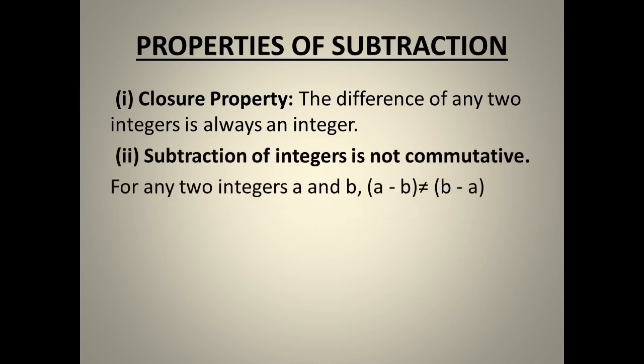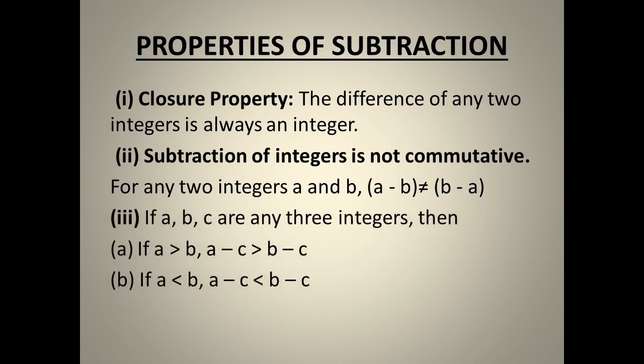Then we learnt the commutative property, and it says that on changing the order of the integers the difference will not be same. And in the third property, we learned that if a, b, c are any three integers, then if a is greater than b, then a minus c is greater than b minus c.